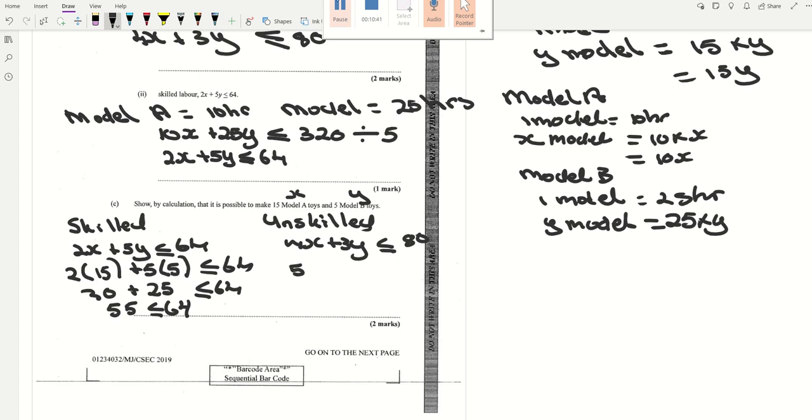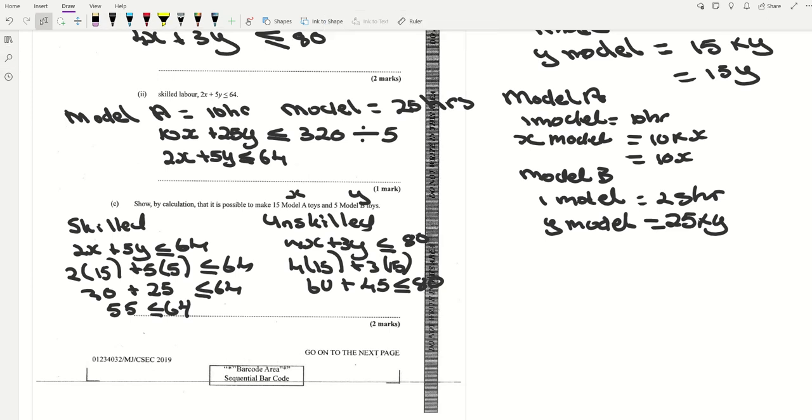That's 5. Sorry, not 5. That's 4 by X. Excuse me. That's 4 by 15, right, plus 3 by 5. 4 by 15 is equal to 60. 60 plus... Sorry.